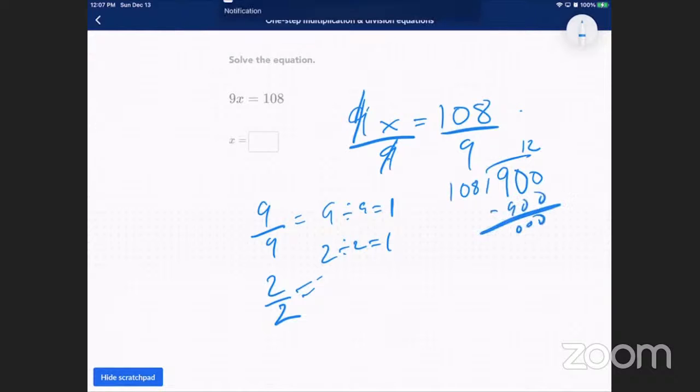That's kind of how we would go ahead and get 12.